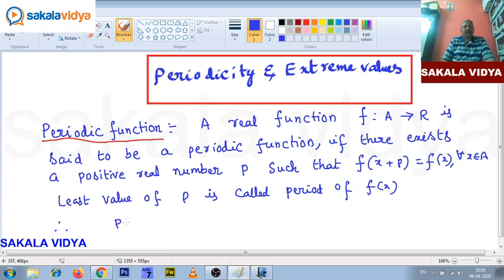For example, the period of f of ax plus b: you need to remember here, the x coefficient is a, and if the period of f of x is p, then the period is p divided by mod a. This is very important.